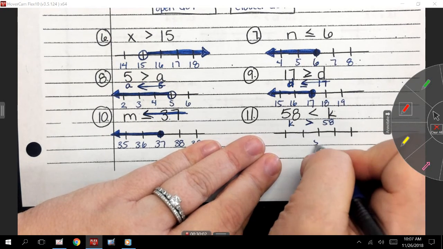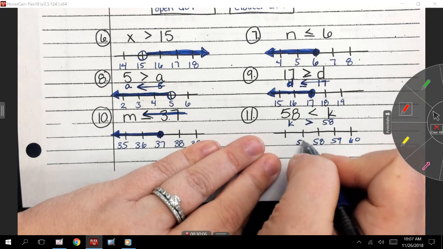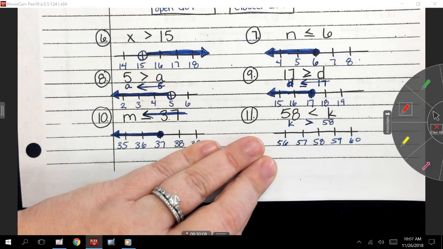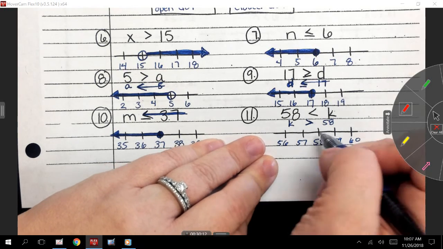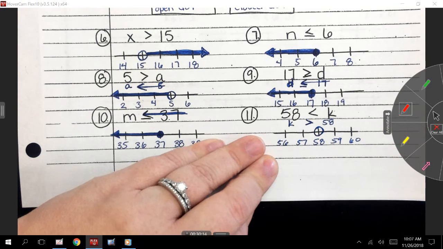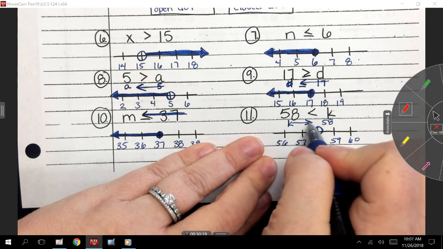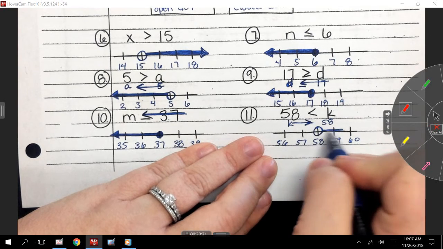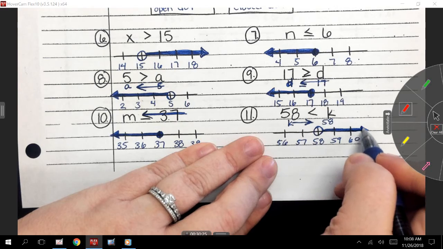All right, I'm going to put 58 in the center, 59 and 60, 57 and 56. All right, what type of dot's done? Open. Excellent. And Rebecca, what direction are we going to go? To the right. Excellent. So if I look at that arrow, the new arrow, we're going to the right. Glad y'all are better at directions than me.